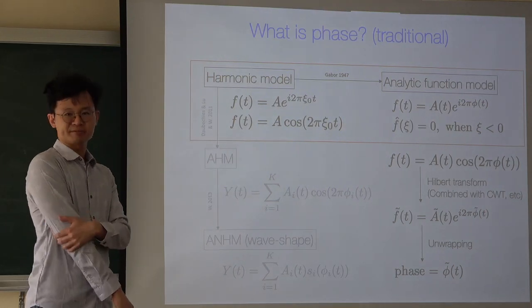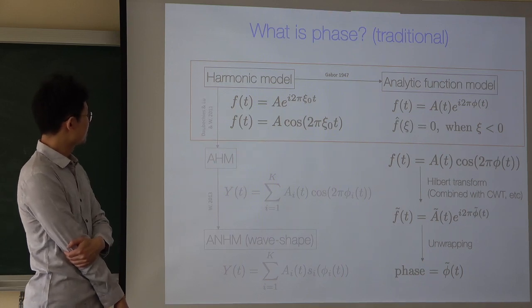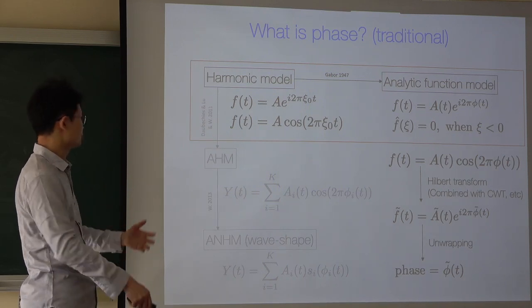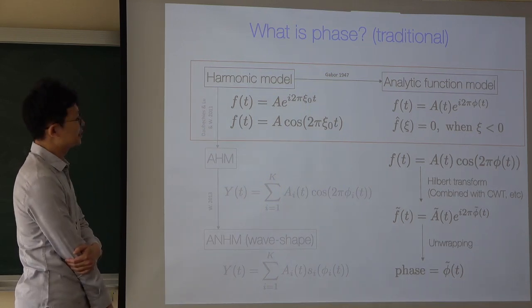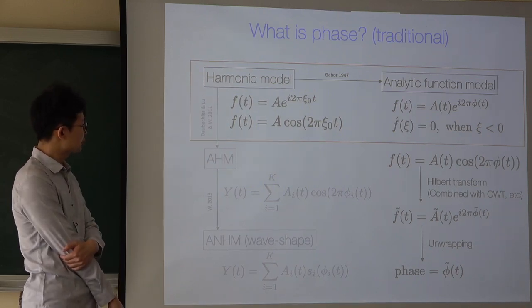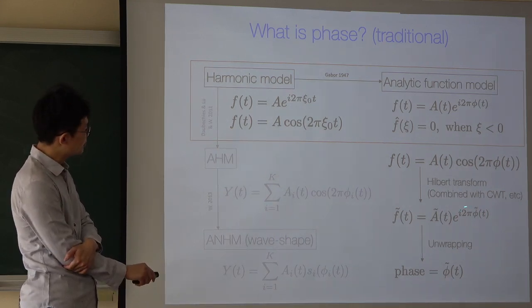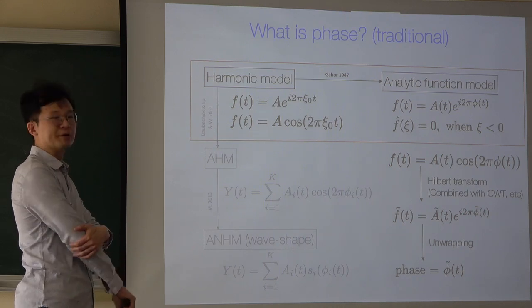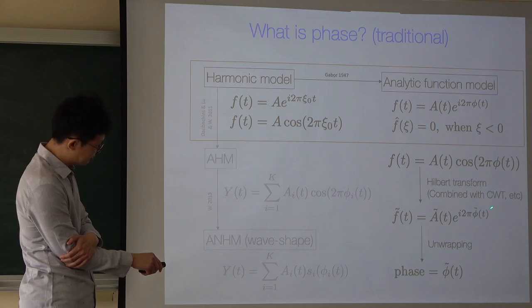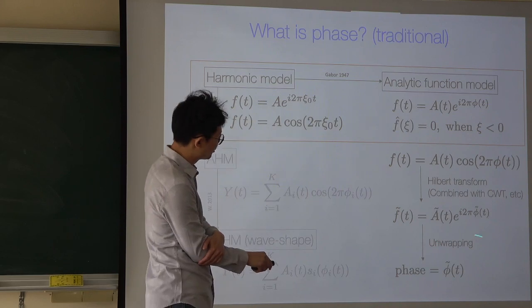Okay, so after this very simple example, let's take a look at the traditional approach. The traditional approach to get phase, maybe the first one I know, was proposed by Gabor back in 1947. They just use the Hilbert transform to generate an analytic function. And once you get the analytic function, you can take the phase, use the phase in the exponential complex domain, and define the phase by unwrapping.